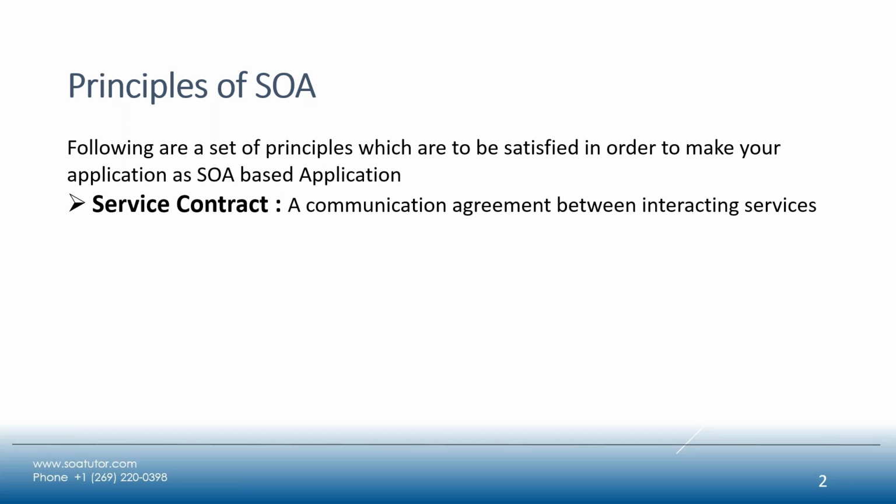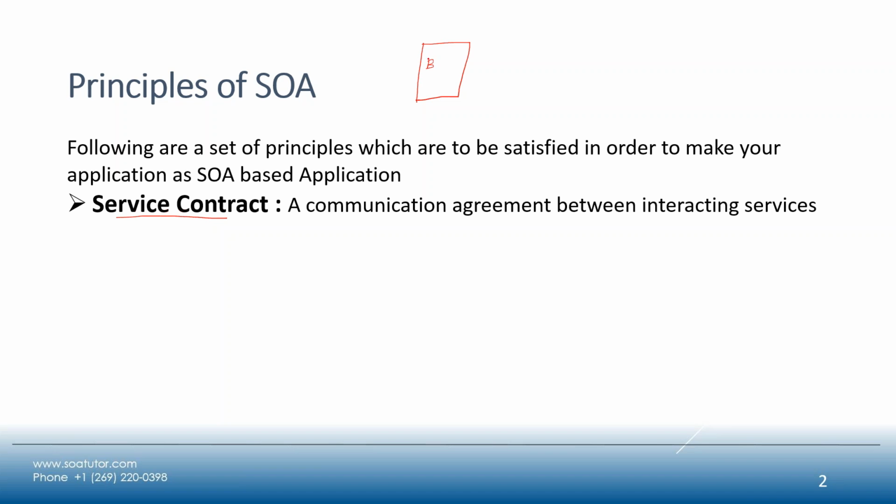Service contract means each component within your enterprise has to have a contract. A contract is nothing but an agreement between interacting services. So what is an agreement? For a service, an agreement would be something like this. Let's say this is a service for getting the balance amount.